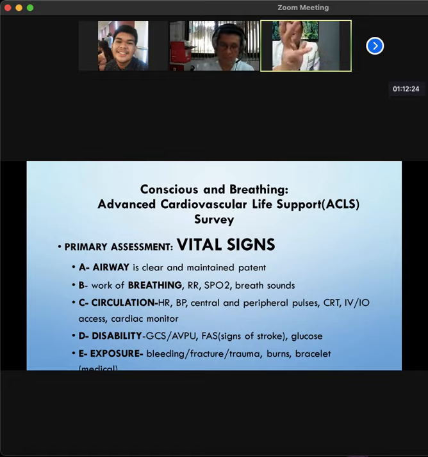And then the next one to assess is your central and peripheral pulses. For the central, you have to check for the heart rate. If you cannot hear the heart rate, you have to check your carotid area. However, during ACLS, the ideal to check for your pulses is your carotid area kasi it's easier and more accessible.